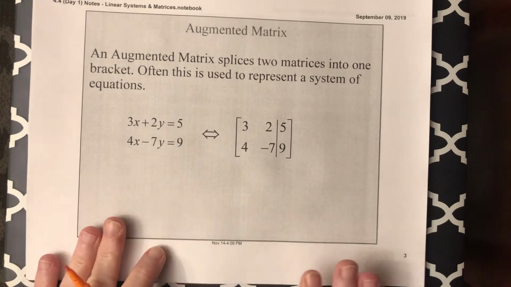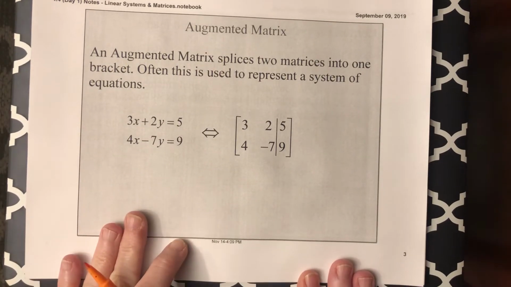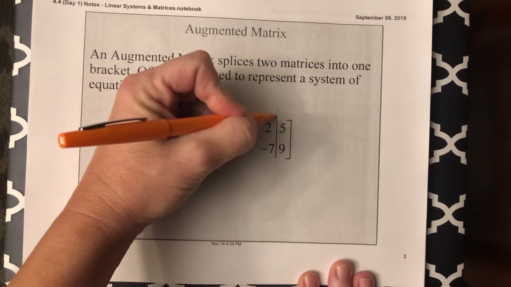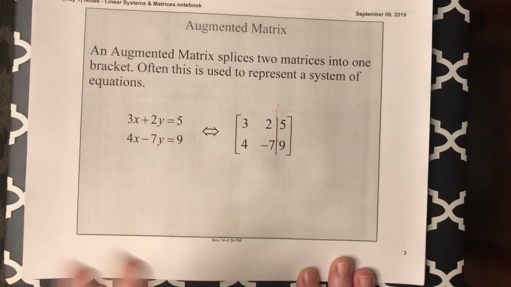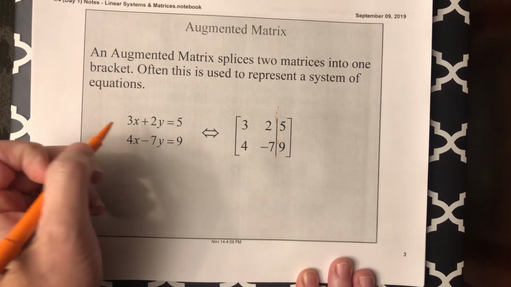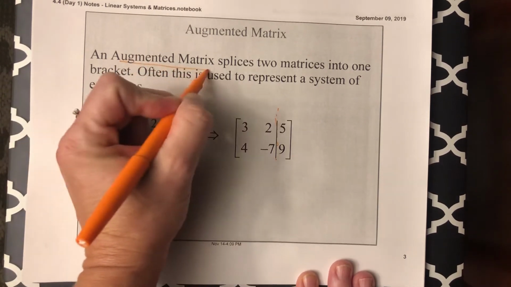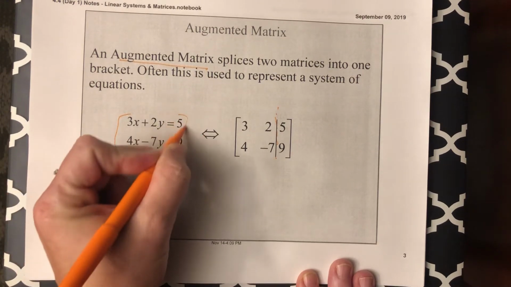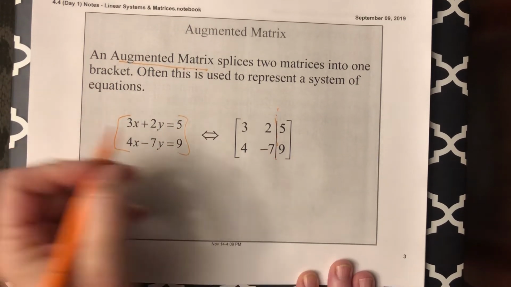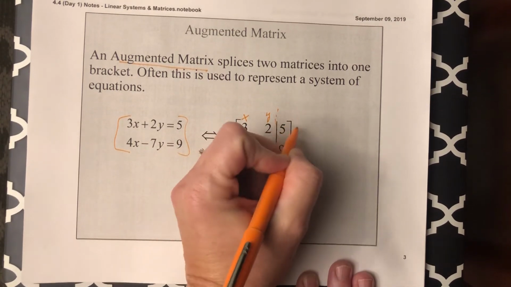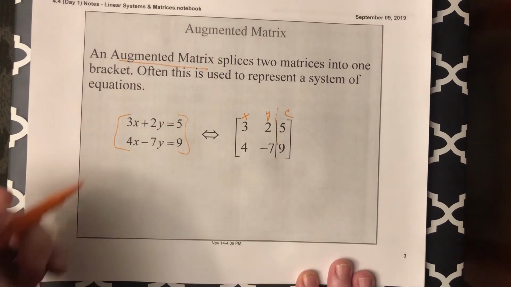This is specifically designed for systems of equations problems. You'll either see a solid line or sometimes a dotted one. It's just the way the publisher wants to write it, there's no rhyme or reason to it. So an augmented matrix will transform this look into this. Notice these are our x variables, our y variables, and then our constants, or answers.